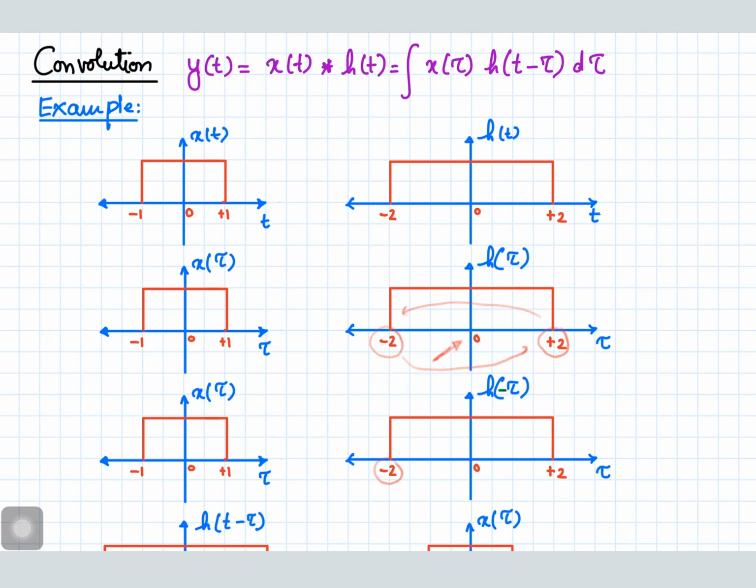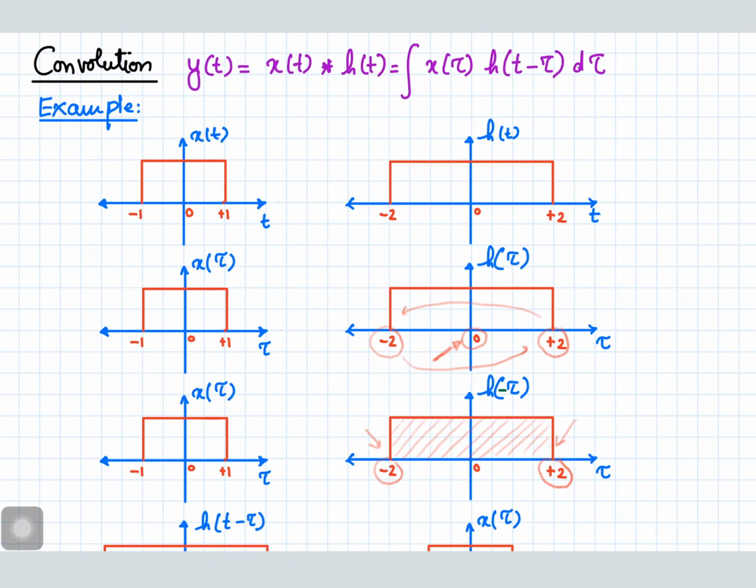Our signal limits will still be from -2 to 2 when flipped, as it is centered at tau equal to 0. If it had been displaced, then of course the starting point and the ending point would change when flipping.